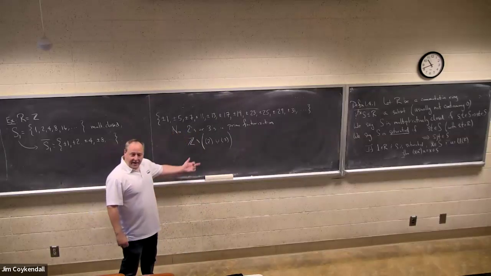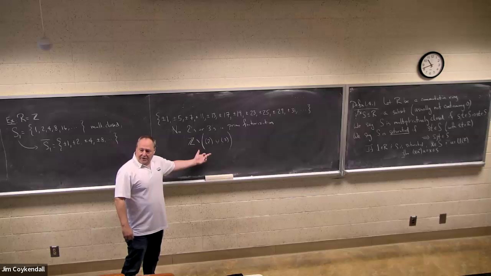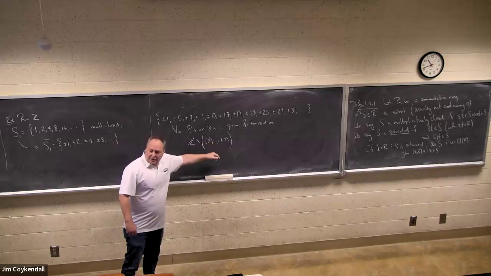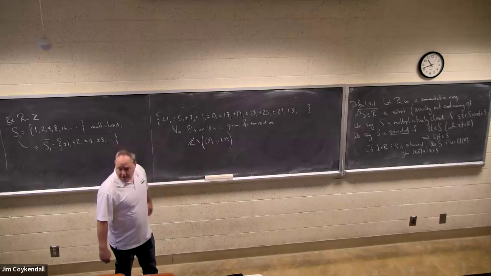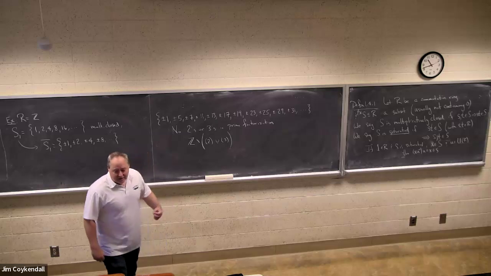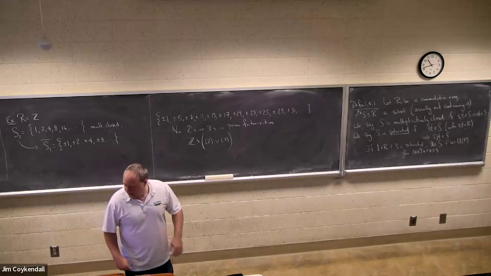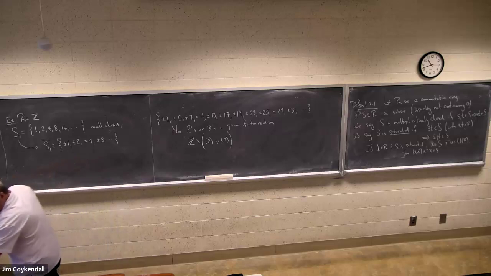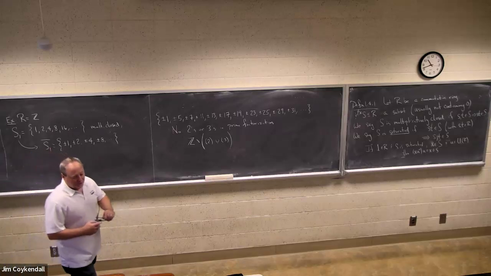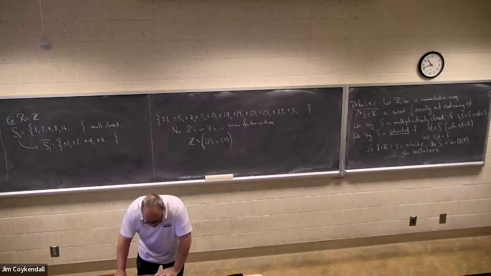And it turns out that every saturated multiplicatively closed subset of Z can be realized this way. And this set of primes can even be infinite. And in fact, a close analogy of this is true for general integral domains. We'll talk about that presently.